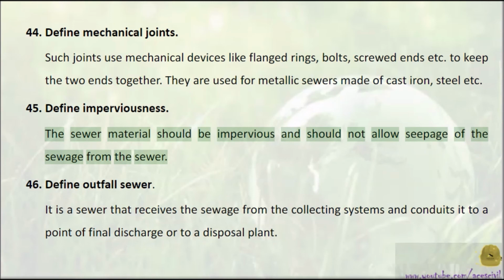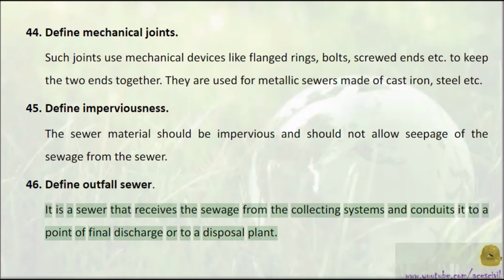The sewer material should be impervious and should not allow seepage of the sewage from the sewer. Define outfall sewer. It is a sewer that receives the sewage from the collecting systems and conducts it to a point of final discharge or to a disposal plant.